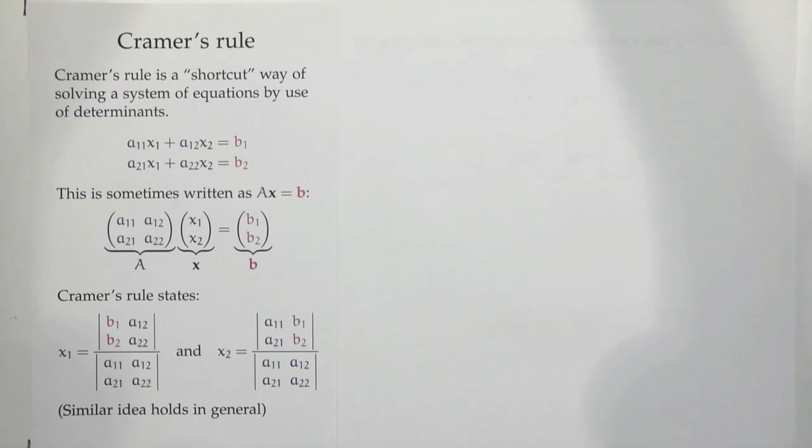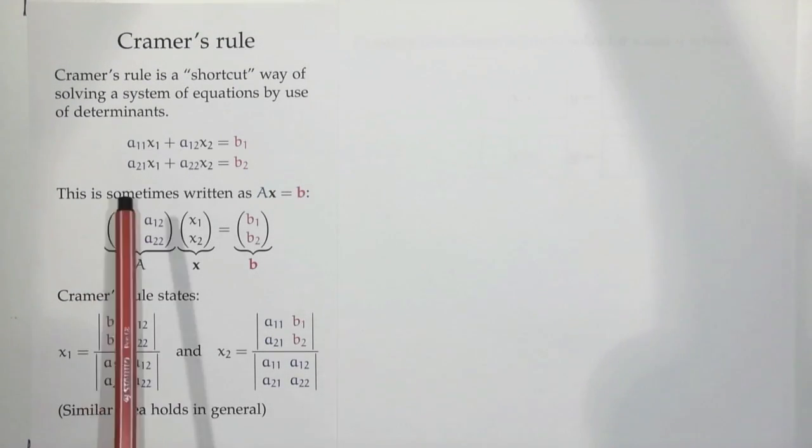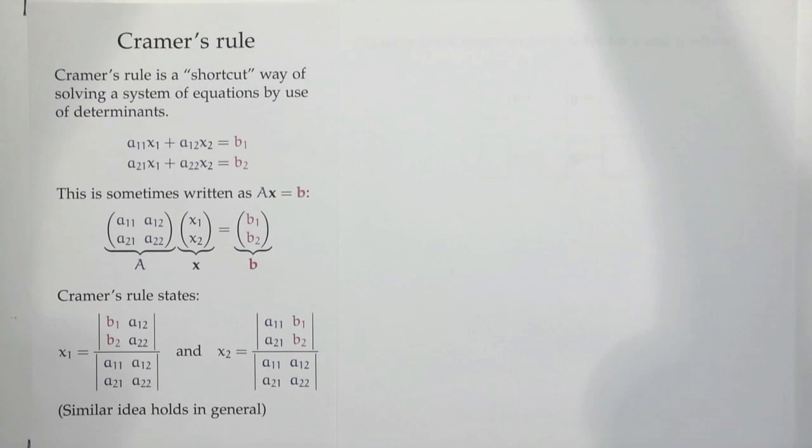And there's a comment. Similar ideas hold in general. Now, when I say similar, there's actually 2 ways we can go to make this more general. Well, one thing we could do is we could have 3 equations, 3 unknowns. Still works. Same process works. You'll just have, for each variable, you replace the appropriate column and you work it out.